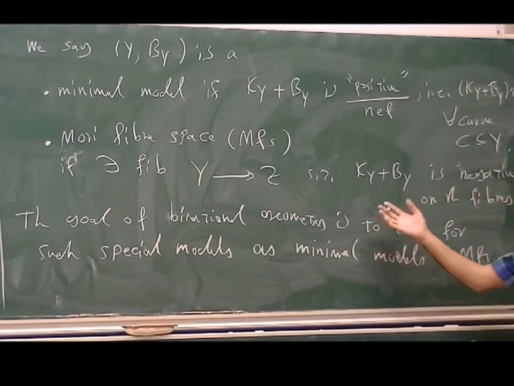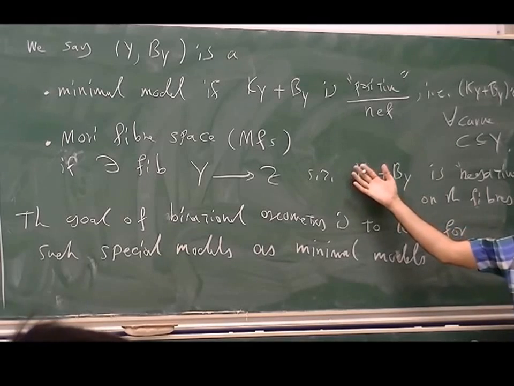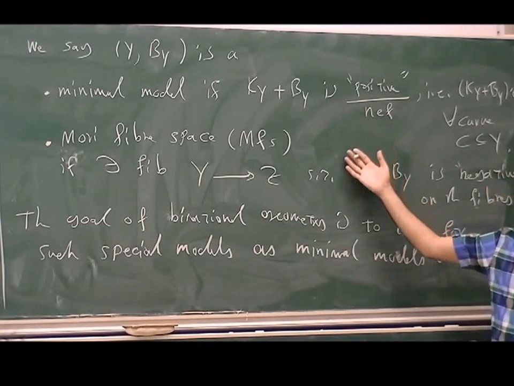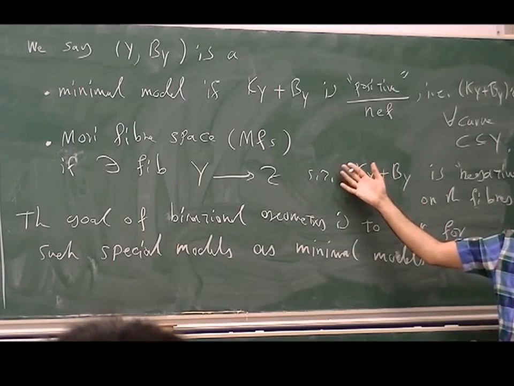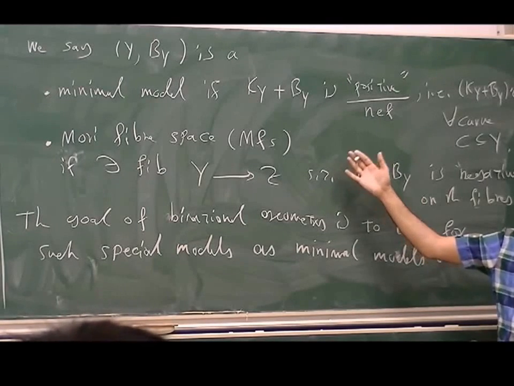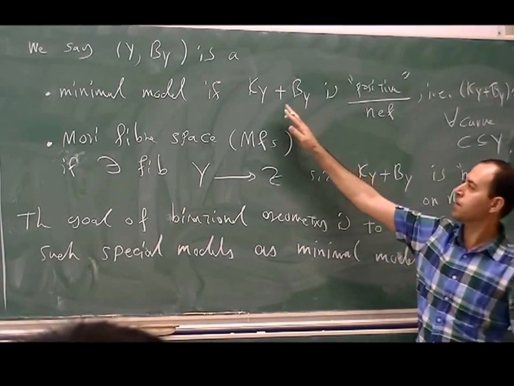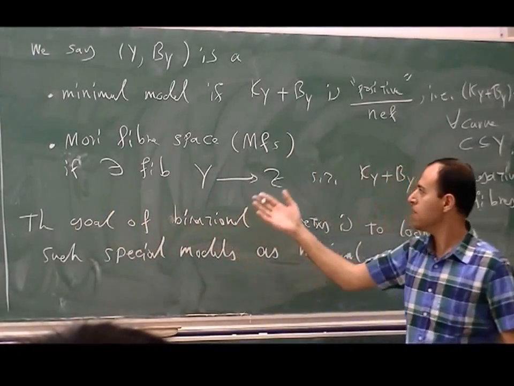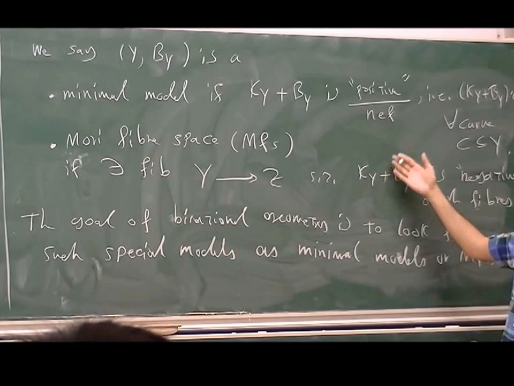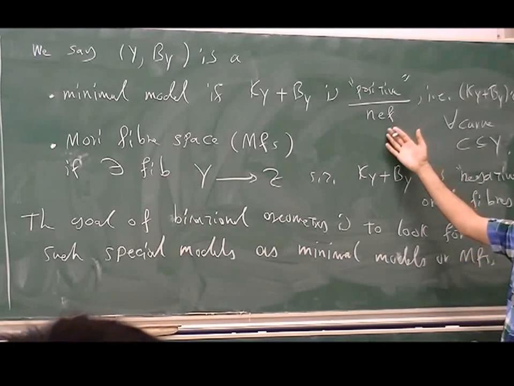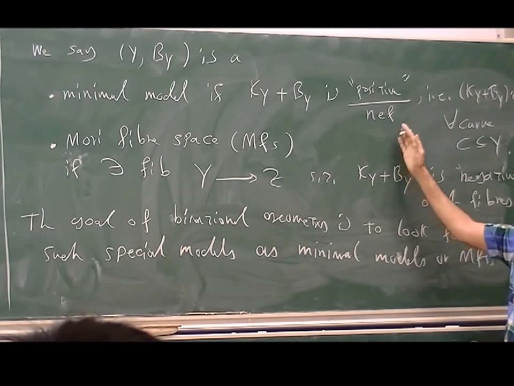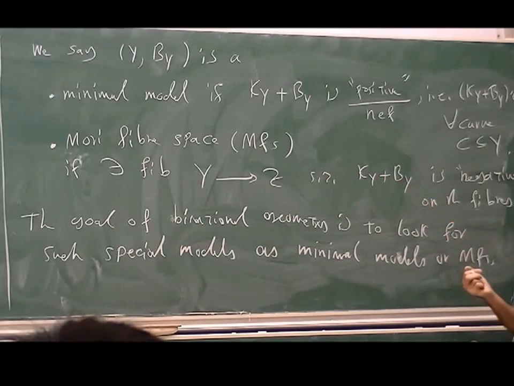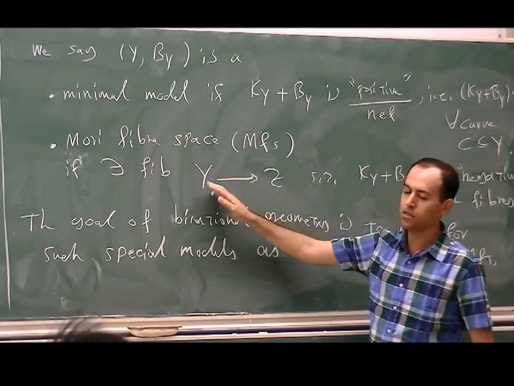And what is the advantage of having this kind of model? Well, the advantage is that this kind of numerical condition puts very strong conditions on the geometry. It's much easier to say something about this model rather than the original one, because you have these conditions, and in fact these are not just numerical, but we also try to translate this into more geometric statements. The second one is actually already geometric.